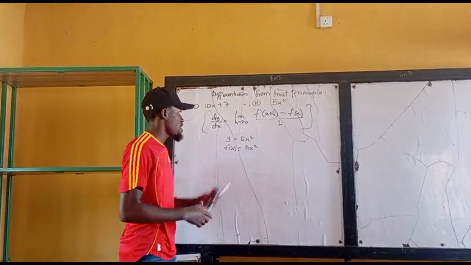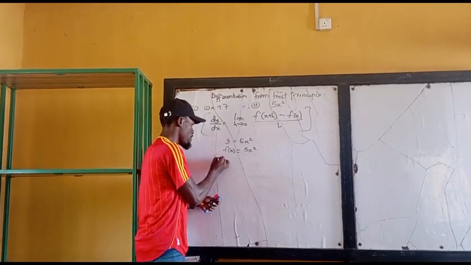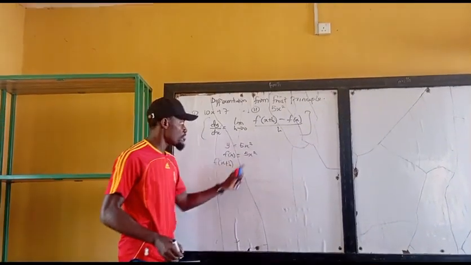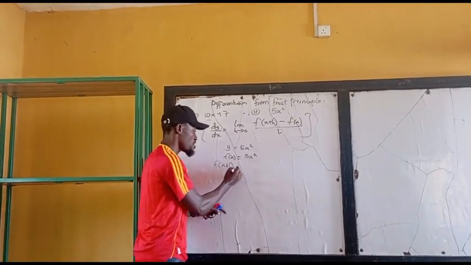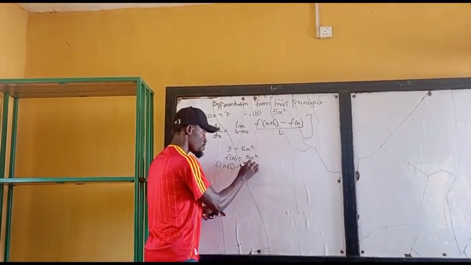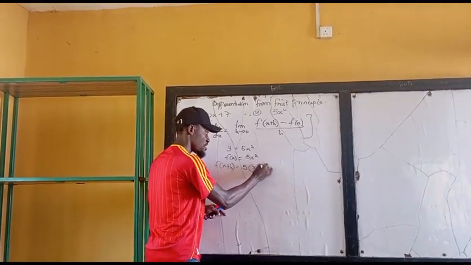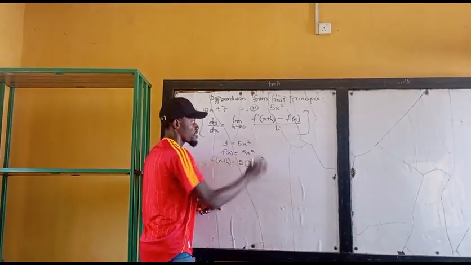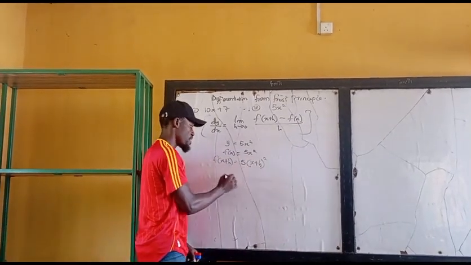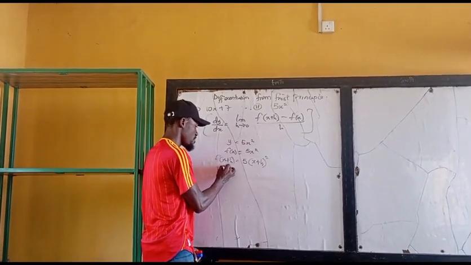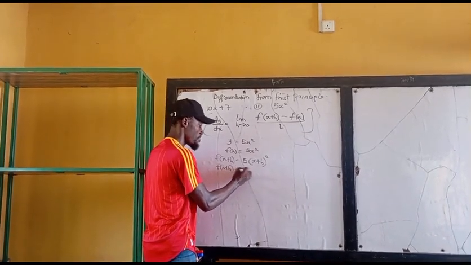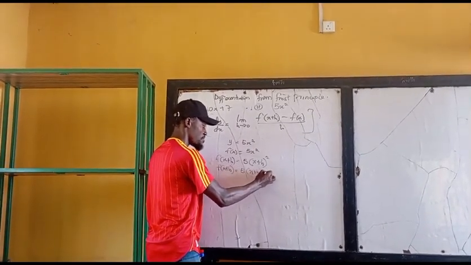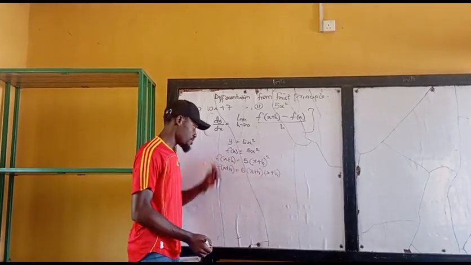Now, like I said, the next thing is to find our f of x plus h. So we are going to be adding h to the x, which is 5 into bracket x plus h, squared. So we are going to open this bracket. We have f of x plus h equals 5 times x plus h times x plus h.